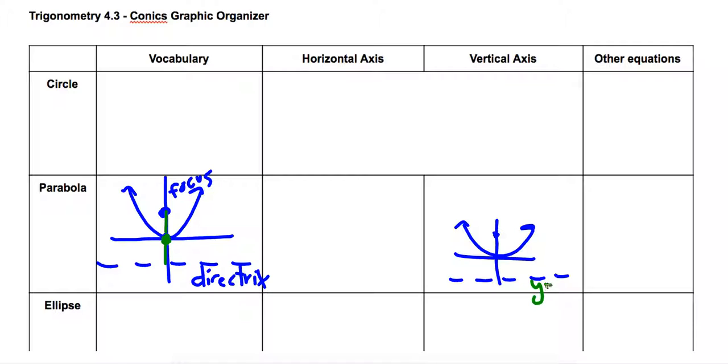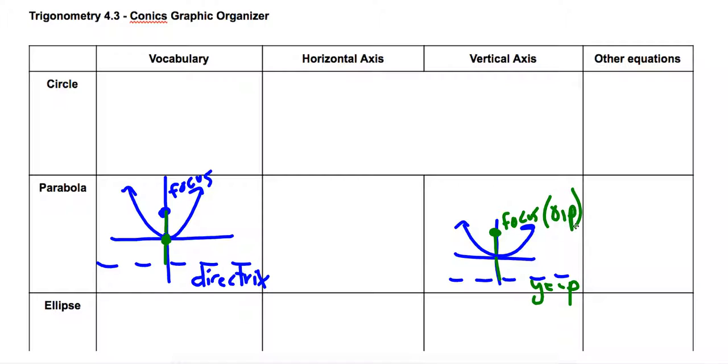I'm just going to say y equals negative p. So it's some number, and it's obviously below the origin, so it's negative. Now, if this distance here is p in that direction, that means this distance here to the focus is positive p. So our focus is going to be the point (0, p).